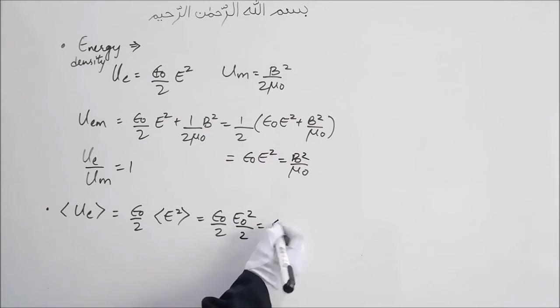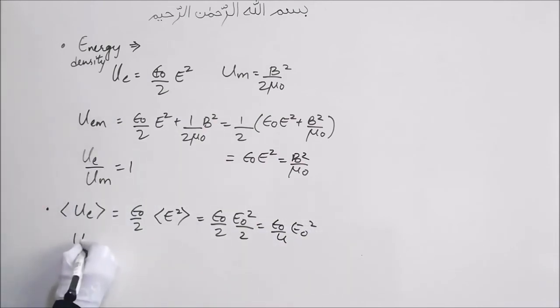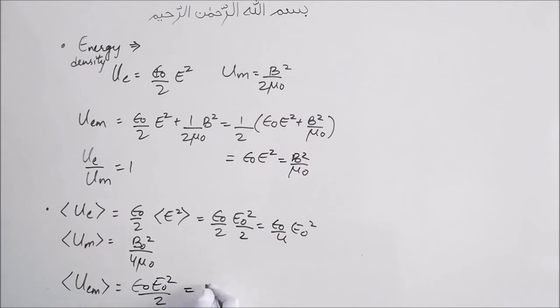So that will be epsilon naught by 4 E naught squared. Similarly, for the magnetic field, the average energy density will be equal to B naught squared upon 4 mu naught. But for an EM wave, this will be equal to either epsilon naught E naught squared by 2, or B naught squared upon 2 mu naught.